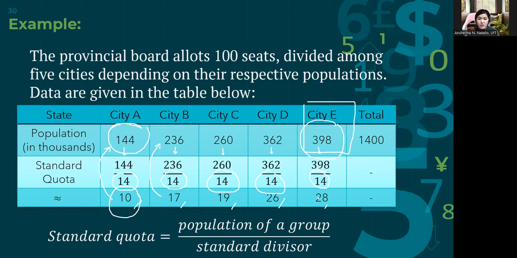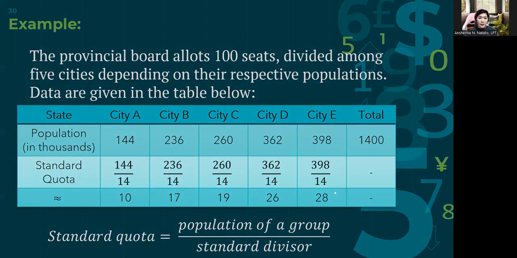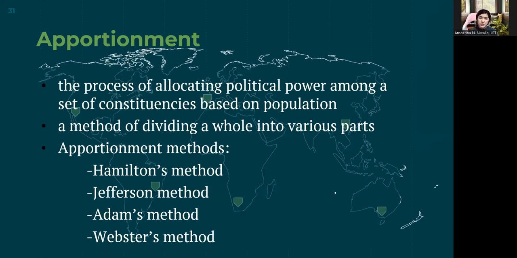If you have a bigger city, then you would have a bigger number of representatives. And that is apportionment. Okay? Now, if you would be looking for the definition of apportionment, marami-rami siyang definition. It is the process of allocating political power among a set of constituencies based on population. Again, depende sa dami ng tao.